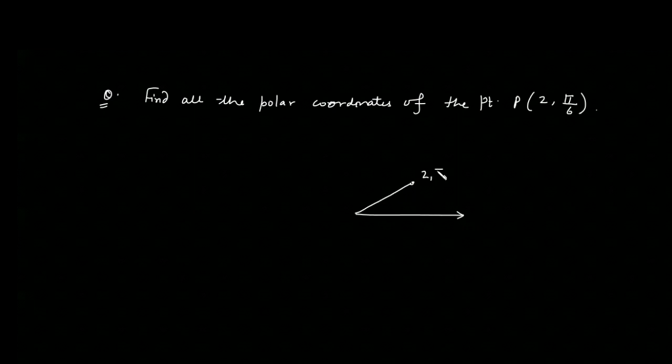This is 2, pi by 6. So another representation of this point is 2, pi by 6 plus 2n pi, where n varies over 0, plus minus 1, plus minus 2, and so on. For all these, we will reach the same point, this P.